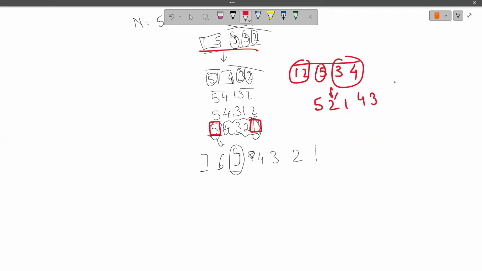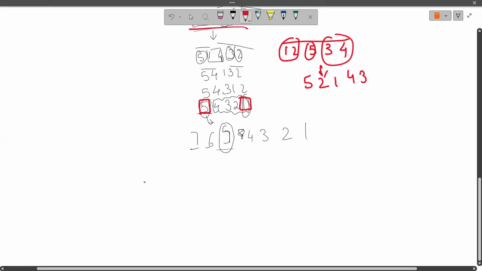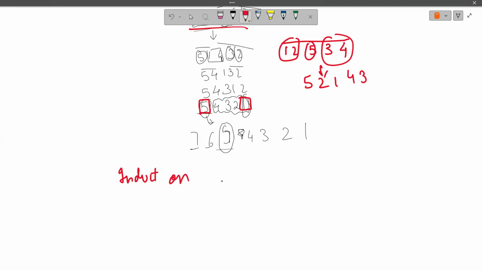Exactly. Yes. So here is the first thing we introduce. We induct on k, and we make this sort of optimization.